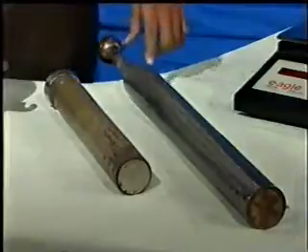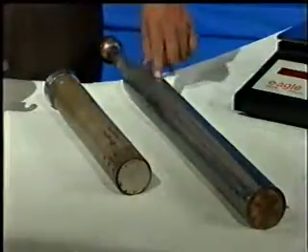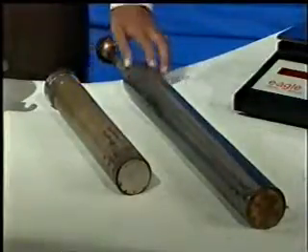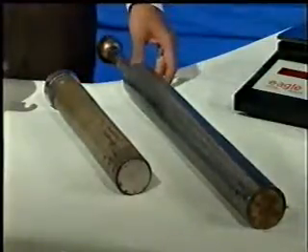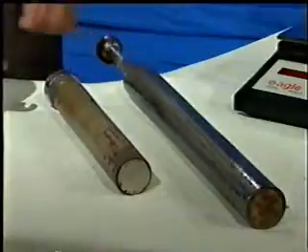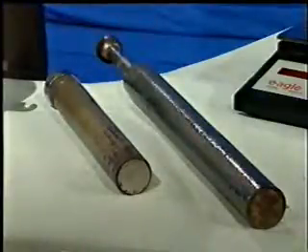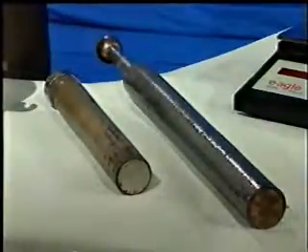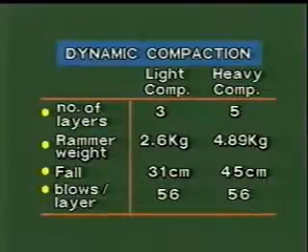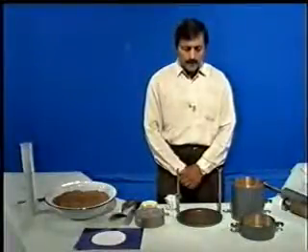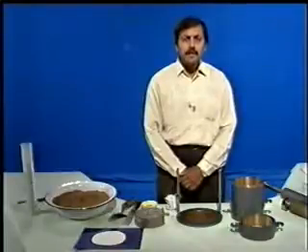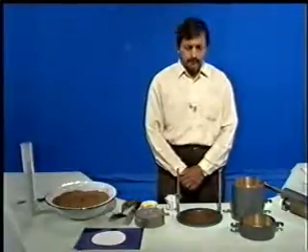In heavy compaction, the specimen is compacted in 5 layers using a 4.89 kg rammer with a free fall of 45 centimeters, giving 75 blows to each layer. Now let us see how a dynamically compacted specimen is prepared.